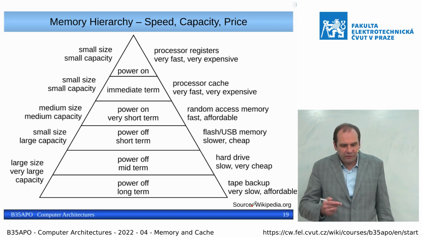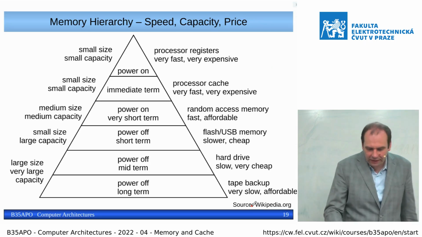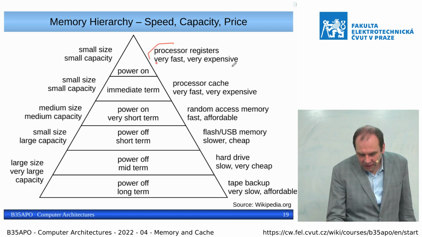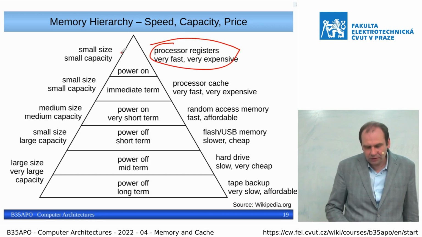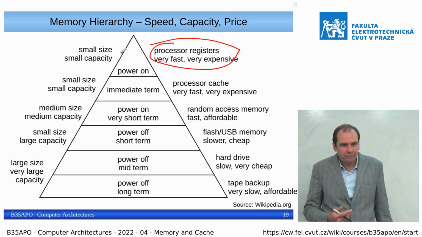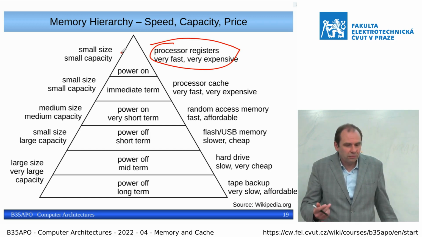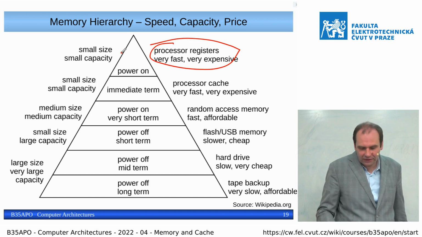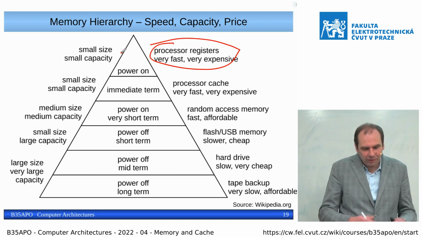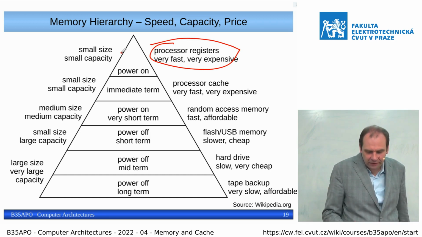So if we look at it as a hierarchy, we have the actual processor registers. It is a very small area, 32-bit values, so not so much, but it is very fast. So in the code, if we put there local variables, it is a win.